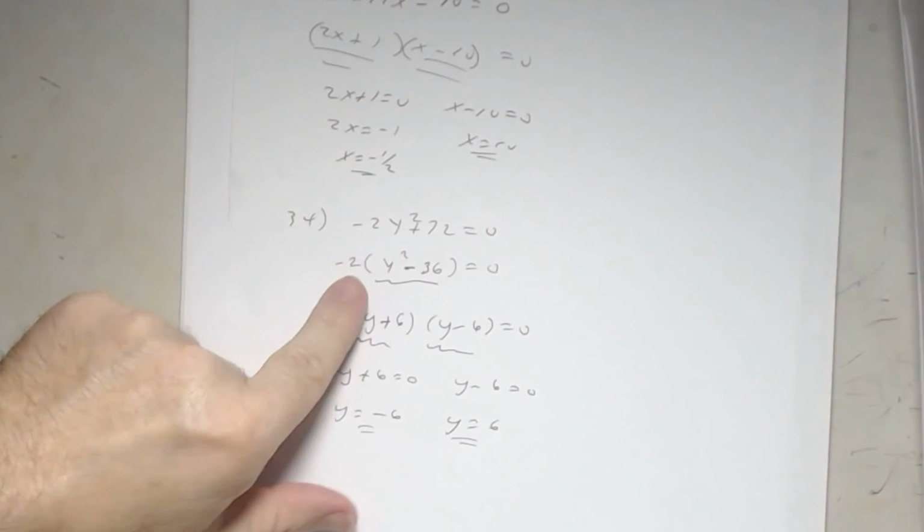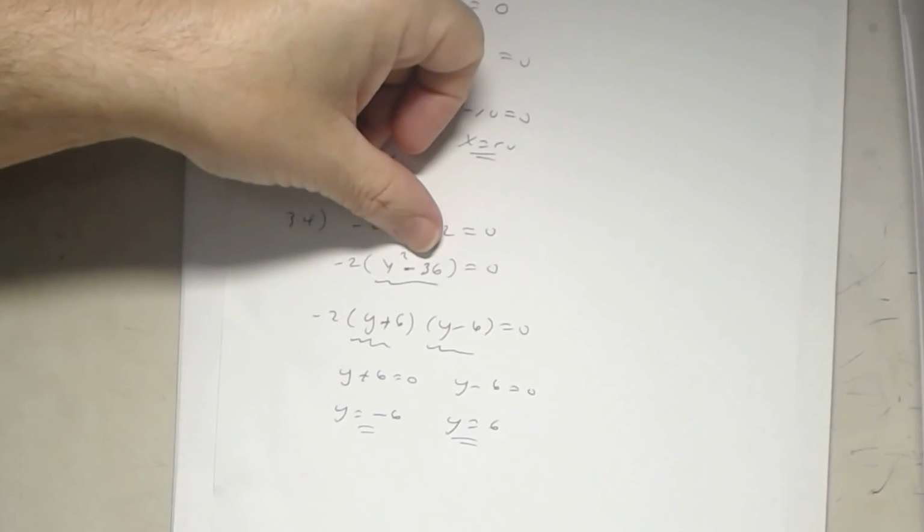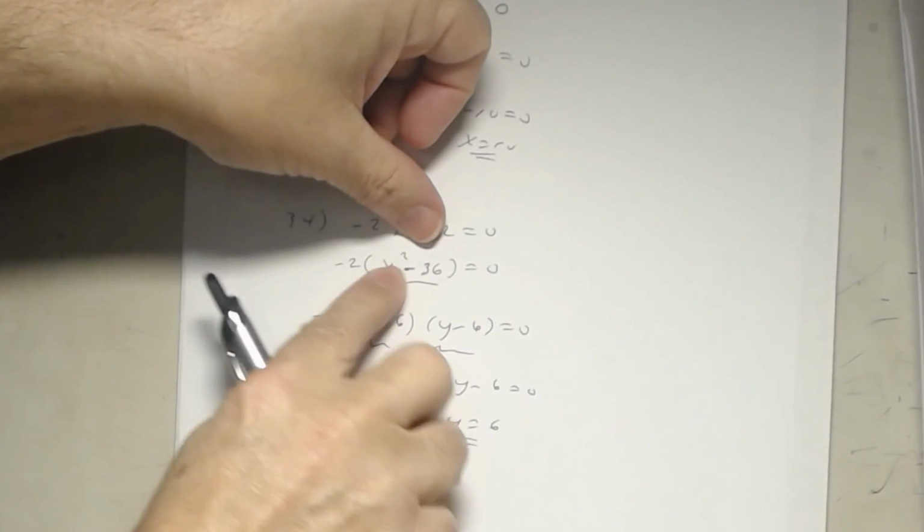Here, you really needed to take out the GCF because you looked at this and you didn't know what to do. Once I took out the GCF, at least one of you noticed that this is a difference of two squares, and then you can factor it. So you've got to remember all the stuff we talked about in terms of factoring.